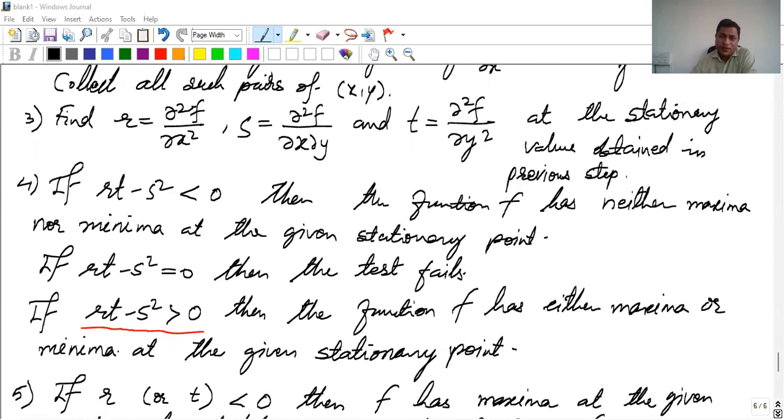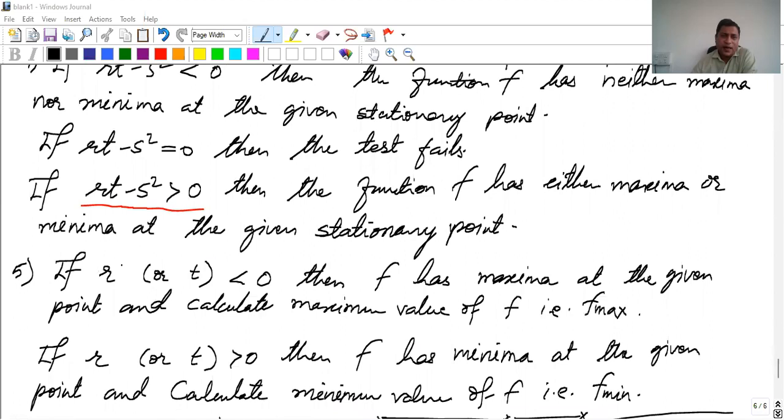Now if RT minus S square is greater than 0, then there is a chance that the function will have a maximum or a minimum. So we need to decide whether it has a maximum or a minimum, and hence we consider R or T. Any one of these two you can consider. If it is less than 0, then the function has a maximum.